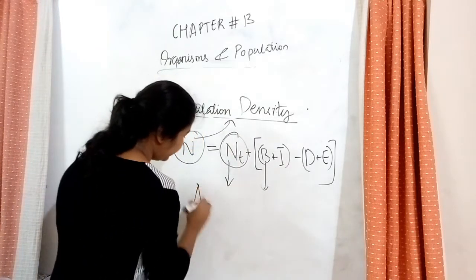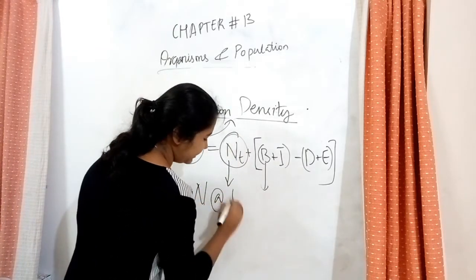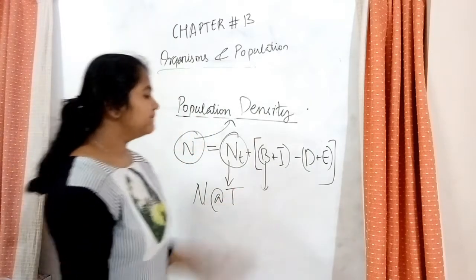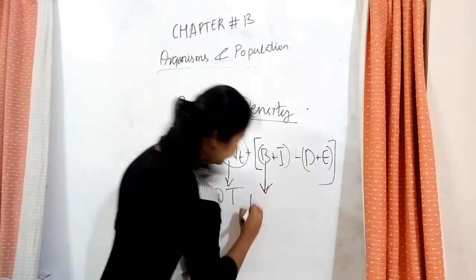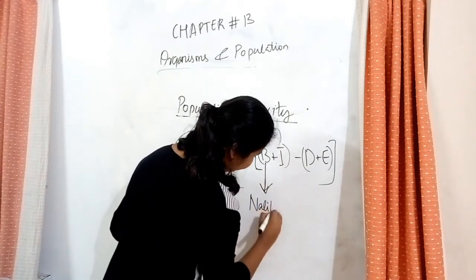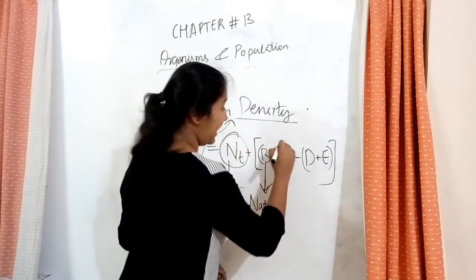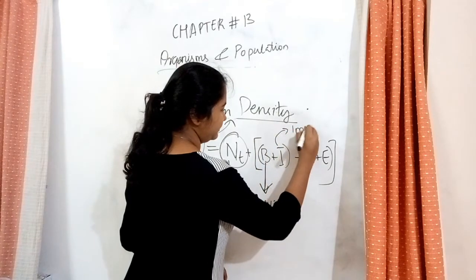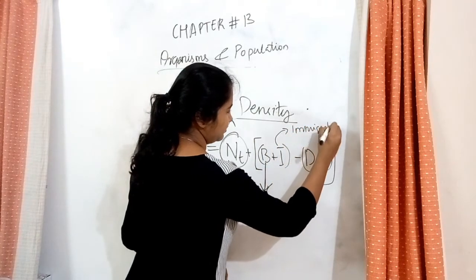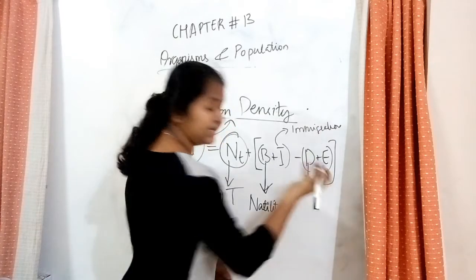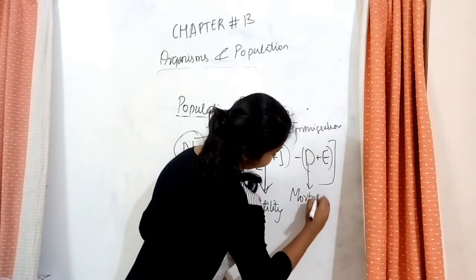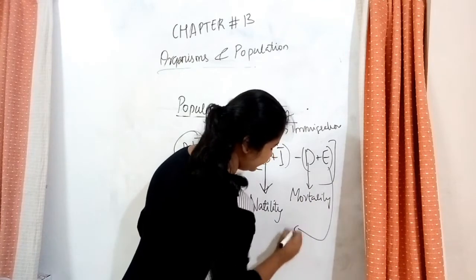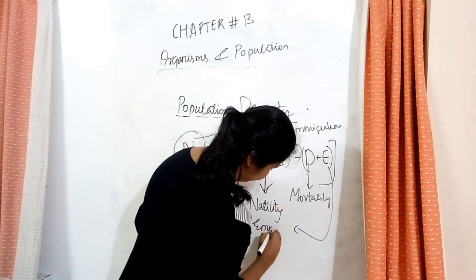That is the population density at time period t. And what is B? B is natality. I is immigration. What is D? D is mortality. And E is emigration.